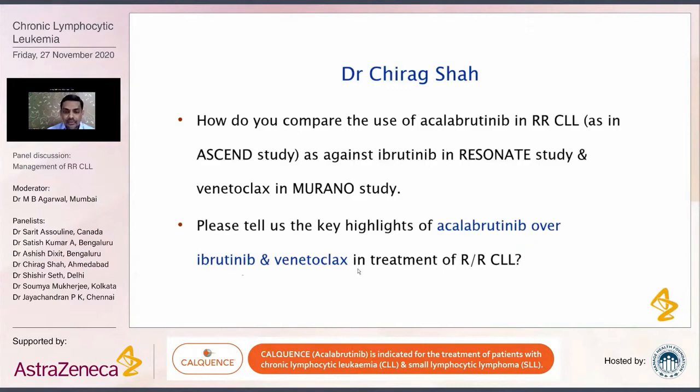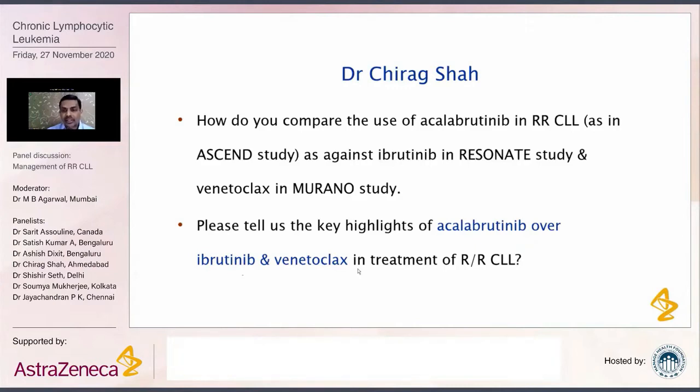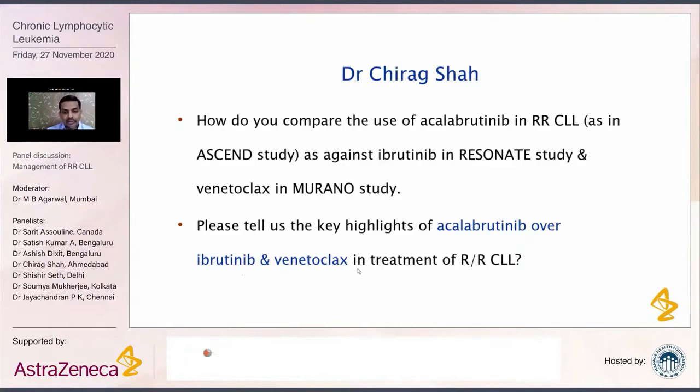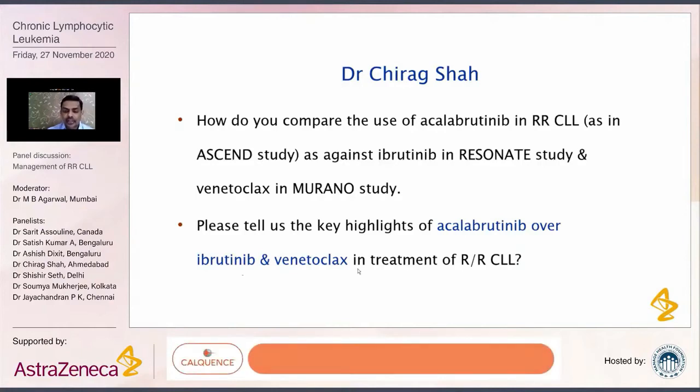But as of now, we can say that we basically have three good choices rather than one clearly superior over the other. Acala, as per the data so far, seems more tolerable, and the best studies that I found were where Acala was used in ibrutinib intolerance and tolerated well by most of the patients. So I think that was a better comparison for me of ibrutinib versus Acala.